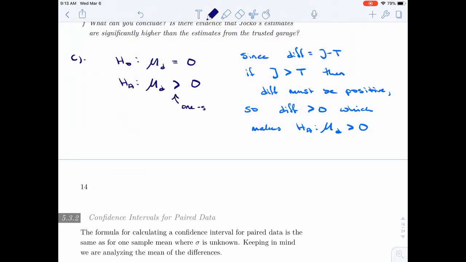So we have a one-sided test. For one-sided tests for paired data, it requires a little bit more thought, how does the sign relate to 0? But once you have it, then the calculations are all the same.